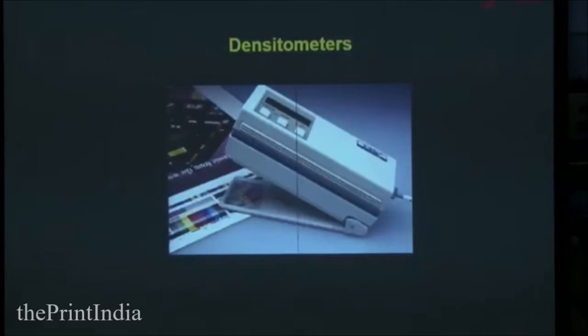Then there are densitometers, we talked last time, which can measure only cyan, magenta, yellow, black inks, because it works on that one-third of the spectrum principle. It cannot take variation within the one-third.